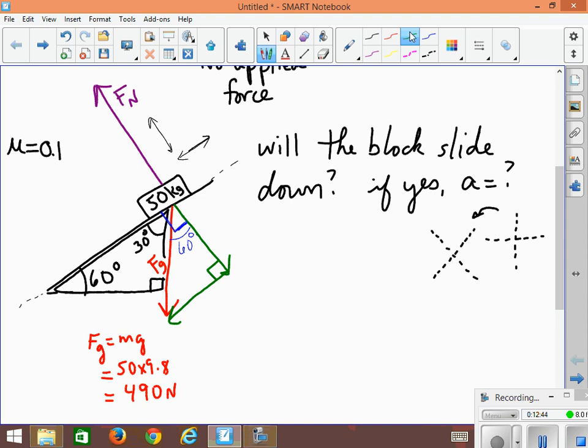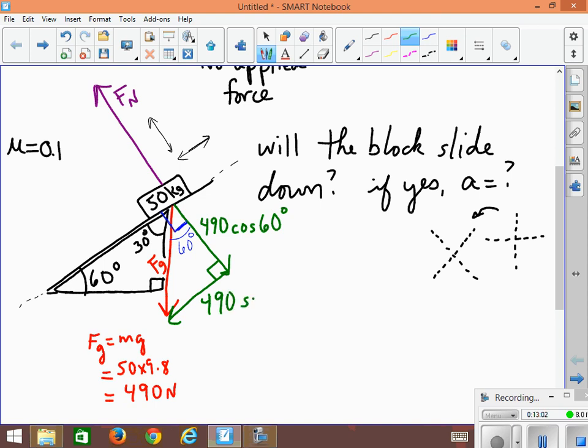That means that the sides, or the components of this triangle, are 490, and this would be cos theta in this case because it's adjacent to my 60-degree angle. So 490 cos 60 and 490 sine 60.